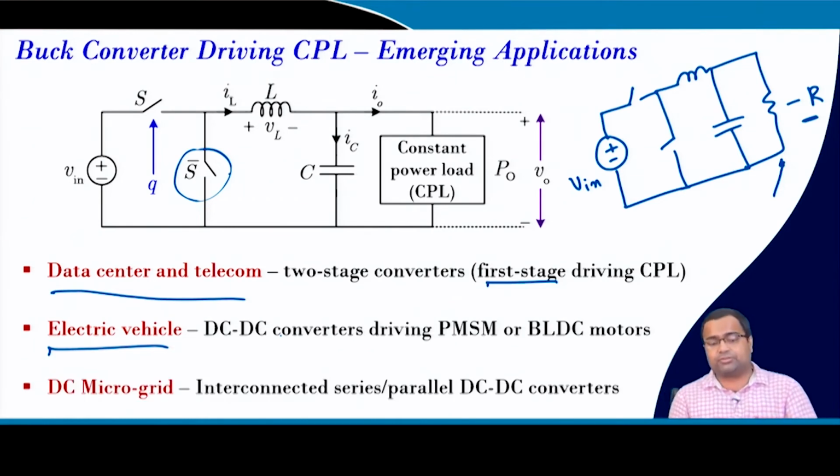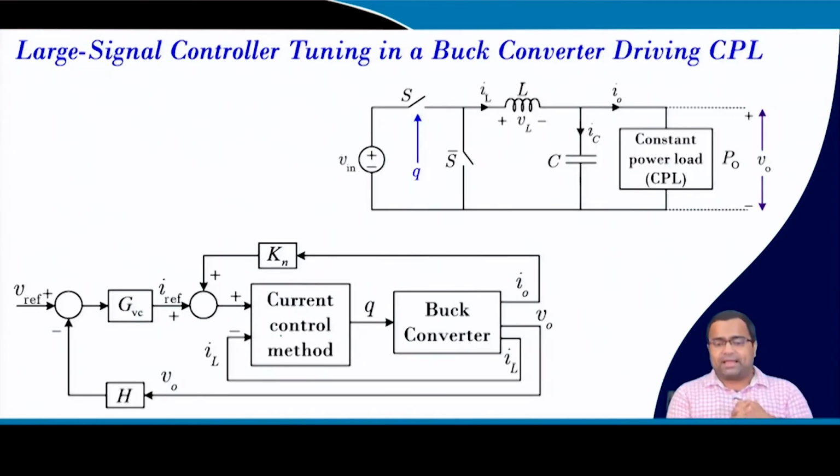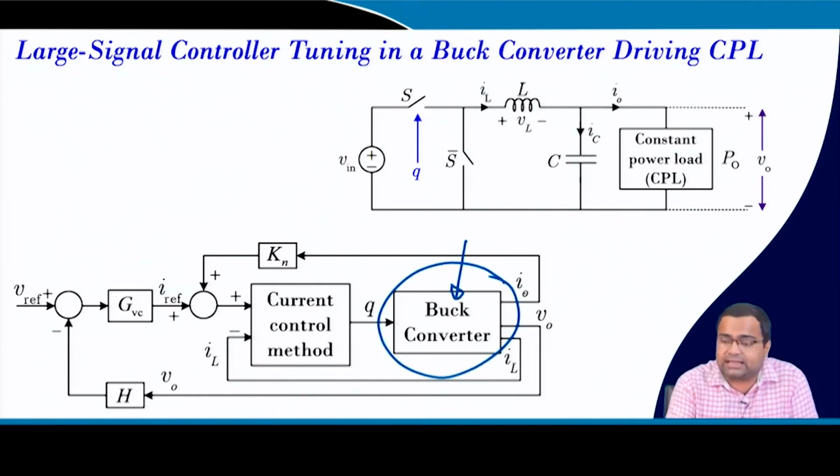In a microgrid also, we can have interconnected series and parallel converters, where one of the converters can be treated as a constant power load and the other is driving a CPL. So, for the large signal CPL case, again we have this buck converter where the load is incorporated here, and we are sensing the load current.